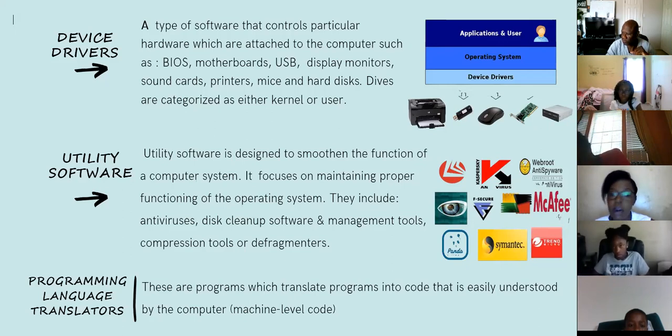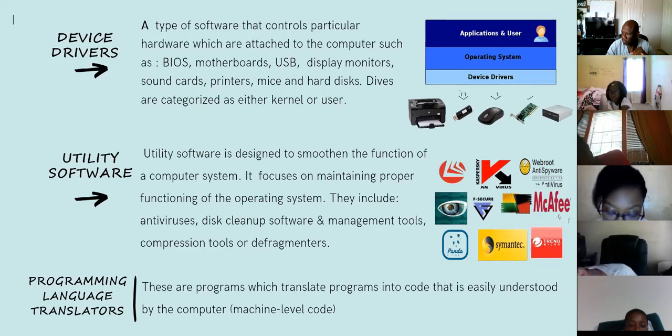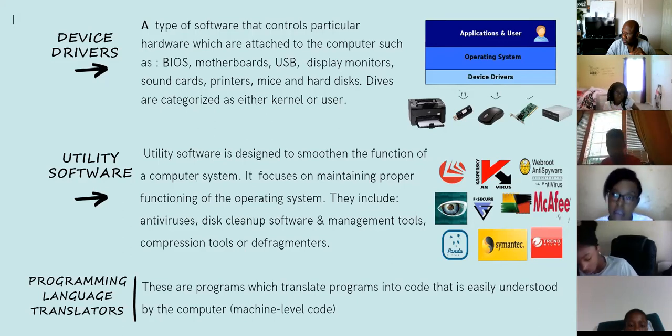Most of the time we write programming languages in English, so we need software to translate what we have written in English into zeros and ones, so that the computer can understand the instructions we are giving it. That is an example of program translation software.